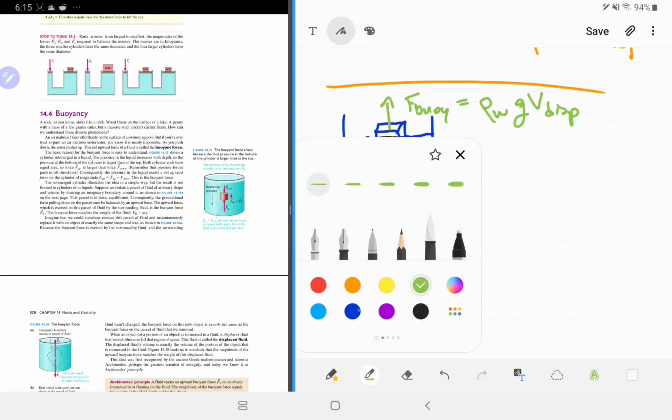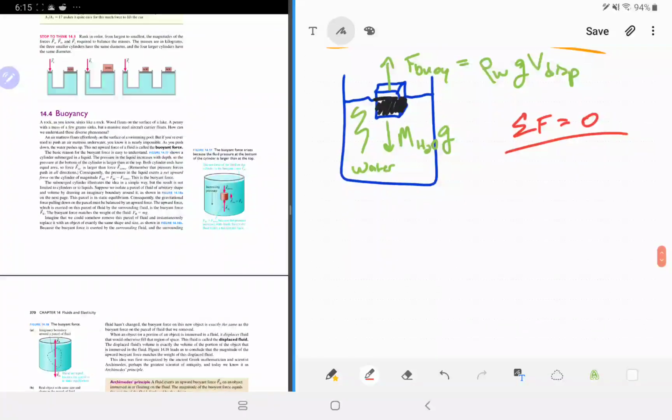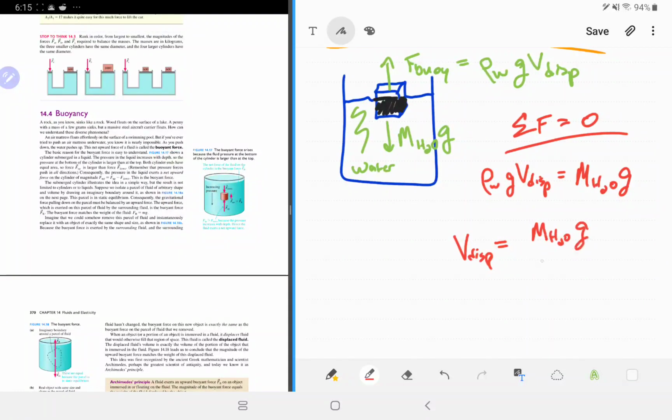Now, setting the two forces equal, the sum of the forces on the ice cube is equal to 0. So rho G V displaced is equal to M H2O times G. Oh sorry, I can cancel out the G's, there's a G on this side and a G on this side.